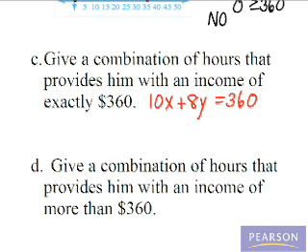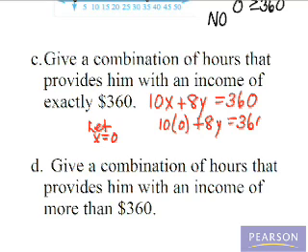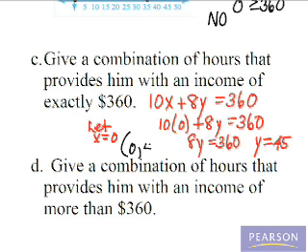There are many possibilities, but one is when we let x equals 0, we get 10 times 0 plus 8y is 360. 8y is 360, so we get that y is 45. So this gives us a possible answer was 0, 45.